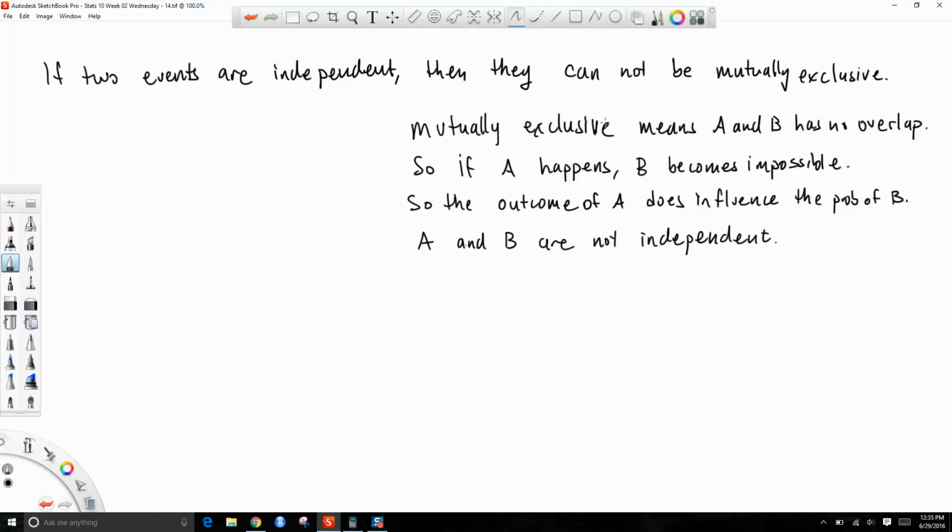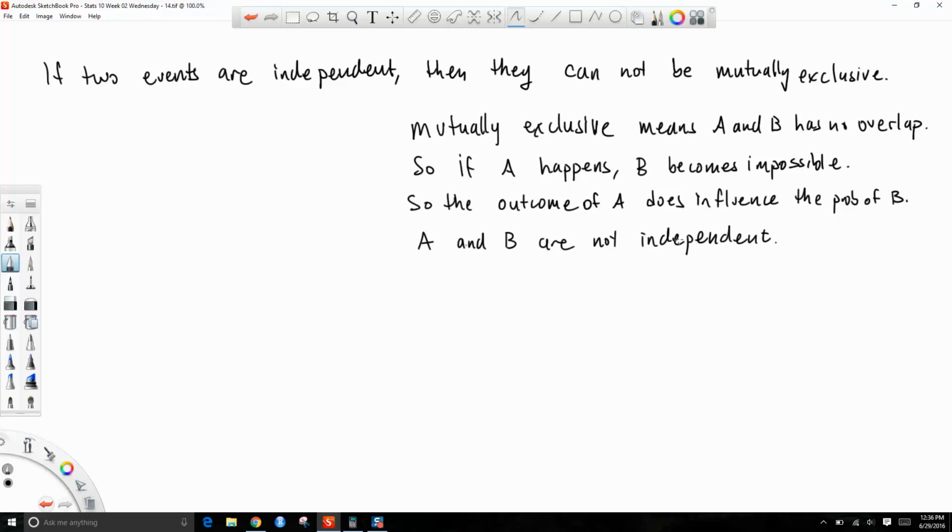Let's say you're playing poker and you need a spade to complete your flush, but as soon as they start turning the card over, you recognize that it's red. So without even needing to know what the card is exactly, as soon as you see that it's red, you know that you didn't get the spade. Mutually exclusive means there's no overlap, so as soon as A happens, B becomes impossible.